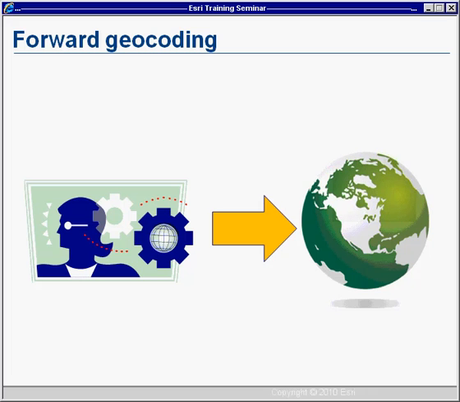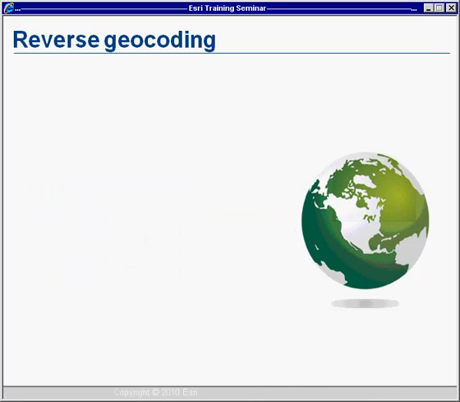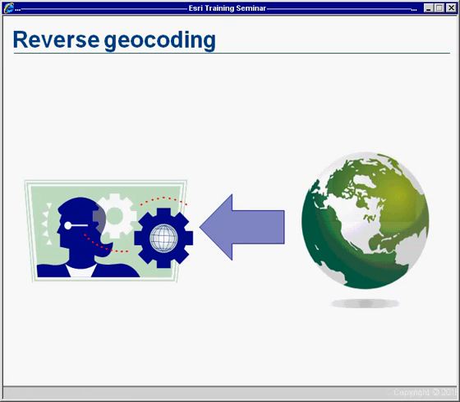But now in ArcGIS 10, we've also introduced the capability to much more easily perform reverse geocoding. This is where we can go from the latitude and longitude, that description that the computer understands, to one that you and I understand a little bit better, which can be the physical address or the description of the location.